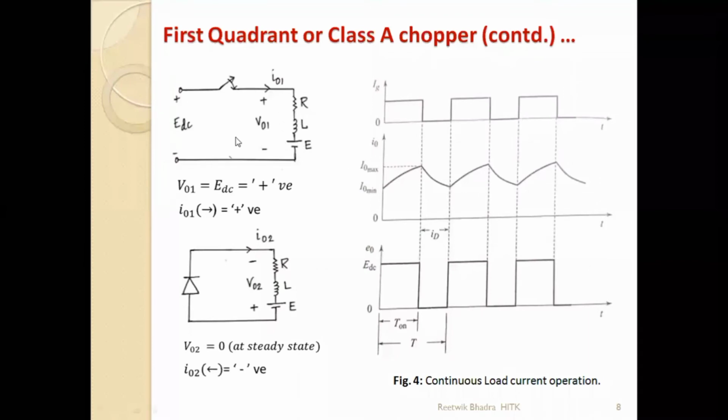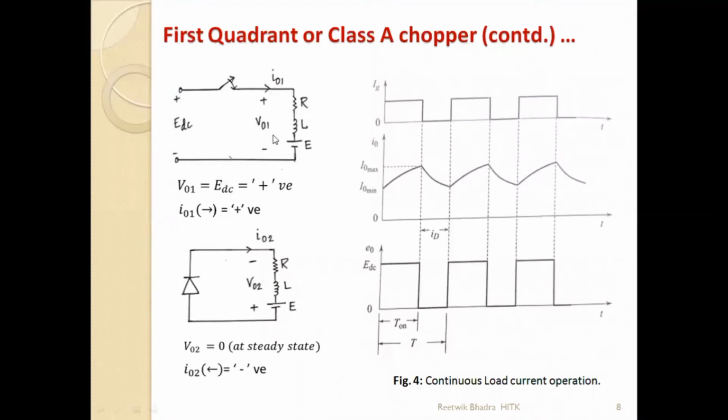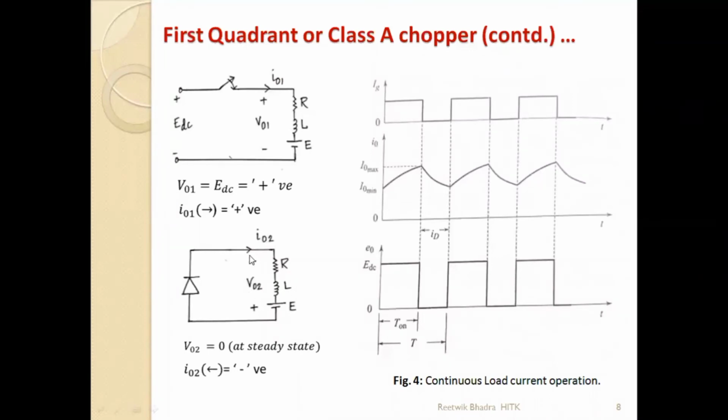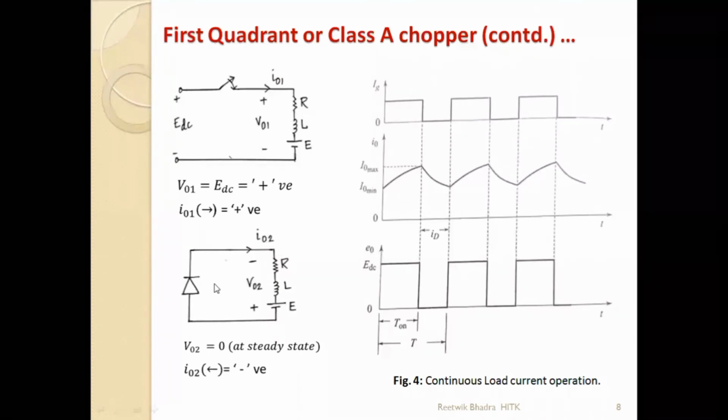Now what will happen to V01? If you apply KVL in this circuit, can I say EDC is equal to V01? So EDC is equal to V01, and the polarities are the same. Upper terminal is positive, lower terminal is negative. So V01 is also positive. Now the polarity across this has changed.